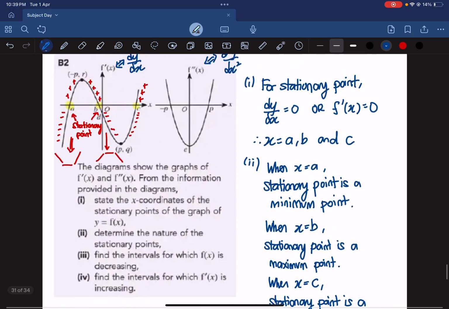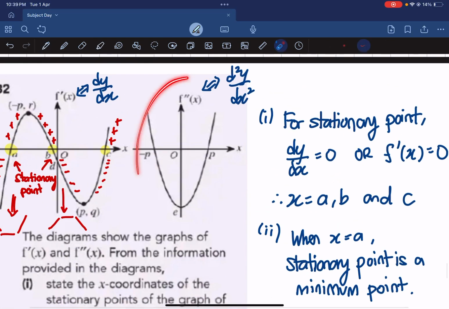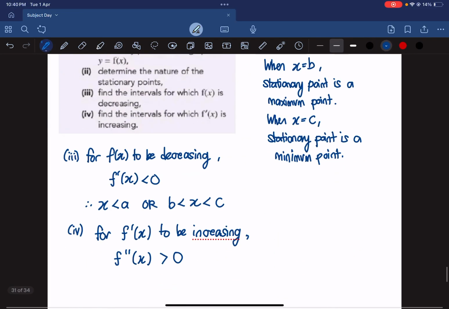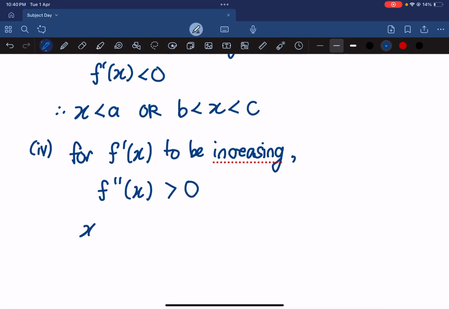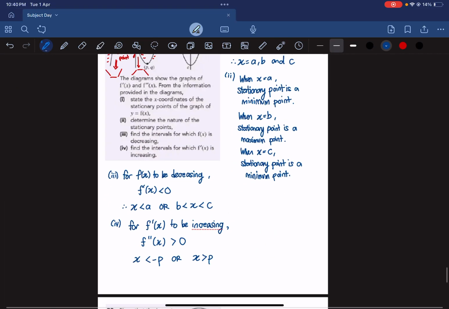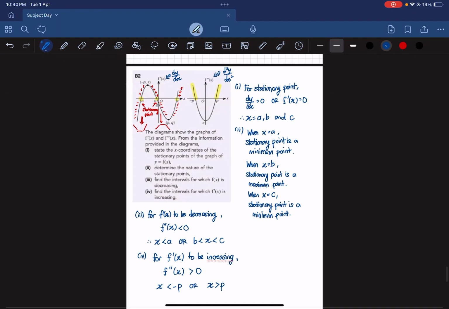So I look at this f prime x graph. I want this portion of the graph to be more than 0. If I were to highlight, it is simply this portion. So the answer to this question is simply x must be strictly less than negative p, or x is more than p. Okay, and with that, I've solved question 2.